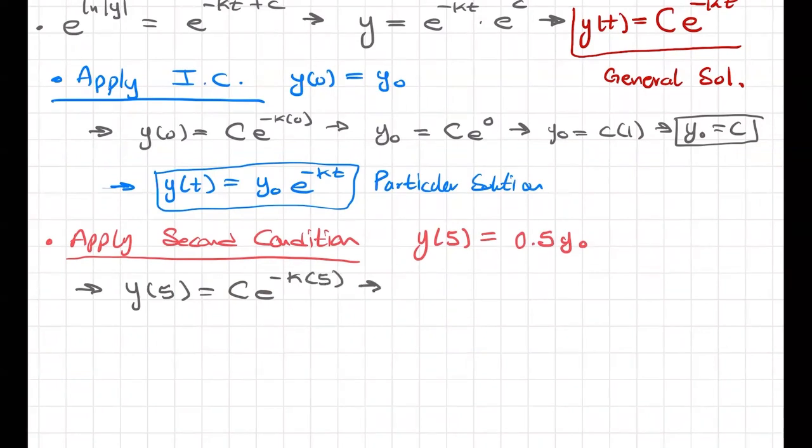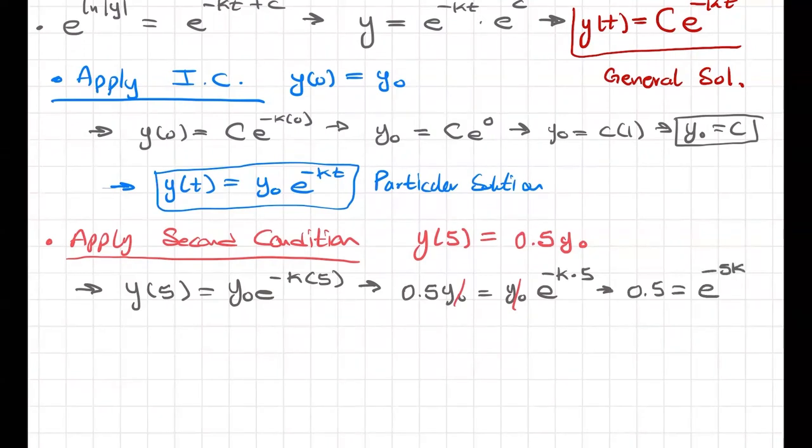We're not going to have any more c, this is y naught. So we can rewrite this: 0.5 y naught equals y naught e to the negative k times 5. You can see we have y naught on both sides, so we can cancel that, and we have 0.5 equals e to the negative 5k.